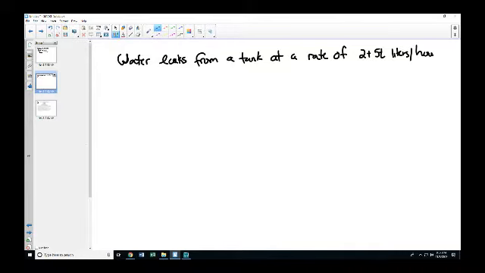Is that 2 plus 5t? 2 plus 5t liters per hour, where t is the number of hours after 7 a.m. Apparently they know when the leak started.